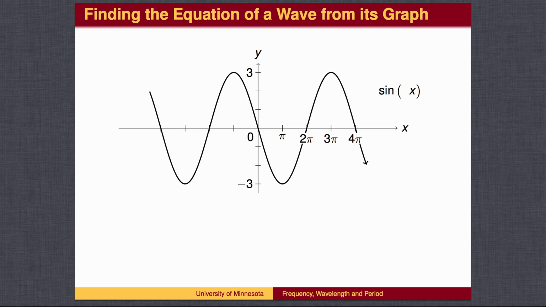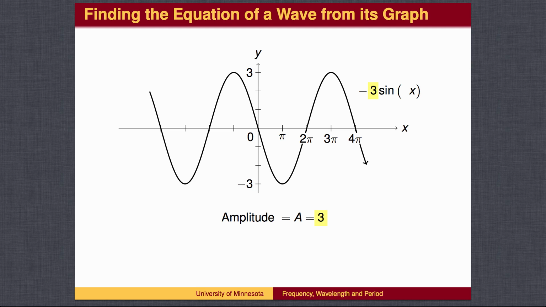Now let's work backwards. Here's a graph. Let's see if we can find the equation. The graph passes through the origin, which is what a sine wave is supposed to do, but it starts out going down rather than up, so we should begin with a negative sign to flip the graph. It goes up to a height of 3 and down to -3, so the amplitude is 3.